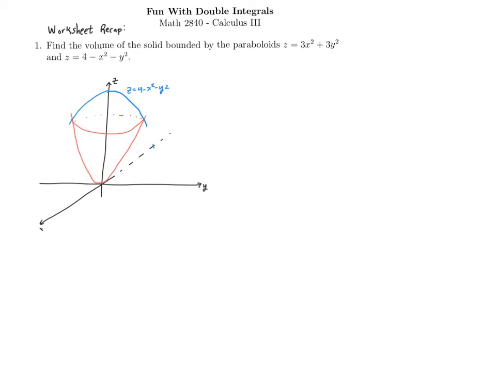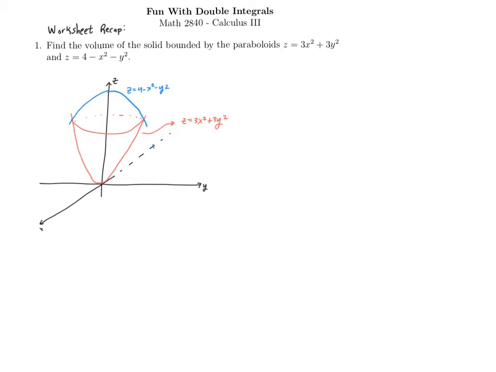And then in red, we have this lower surface, z equals 3x squared plus 3y squared, where the 3's cause this to be a bit thinner, i.e. to grow more quickly, whereas the blue paraboloid is going to be getting wider more quickly.